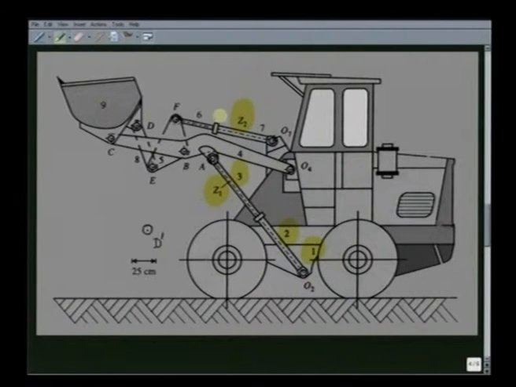Similarly, there is a prismatic pair between link 6 and link 7, again between the piston and cylinder of this hydraulic actuator. Link 7, one end is connected to the body of the truck at the revolute pair at O7. Link 4, one end is connected by a revolute pair to the body of the truck O4, and link 2, one end is connected to the body of the truck by a revolute pair at O2.